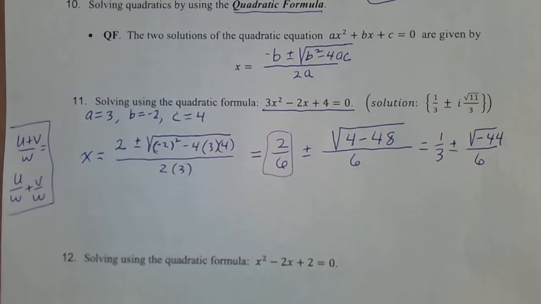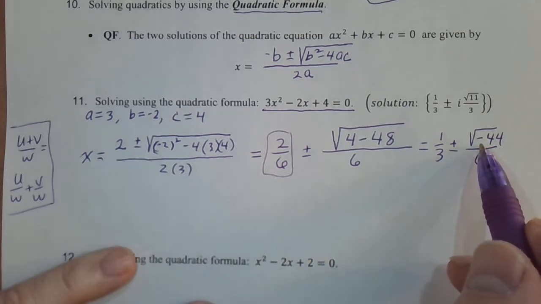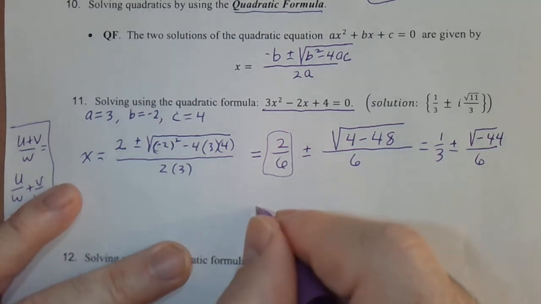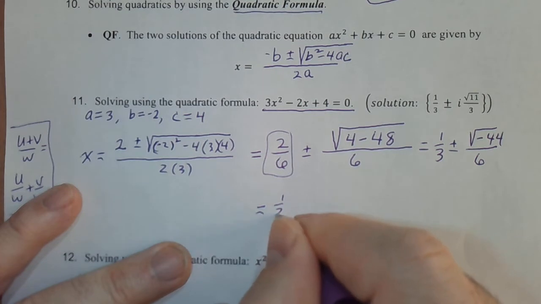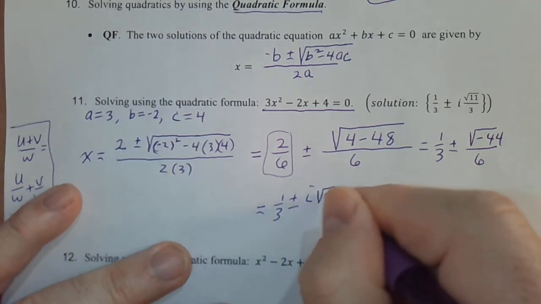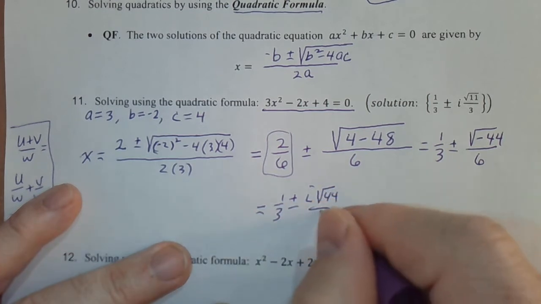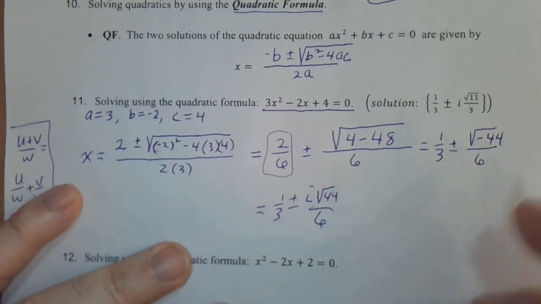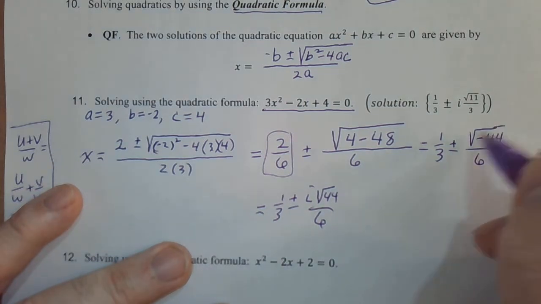Well, now we know how to deal with this, because we talked about complex numbers in a previous section. So let's see how I deal with that. 1/3 plus or minus i radical 44 over 6. Remember that? You take the negative sign out when you have a negative number under a radical, and you put i in front.